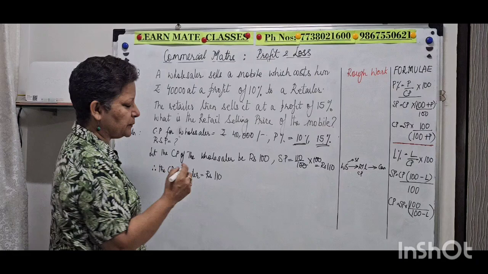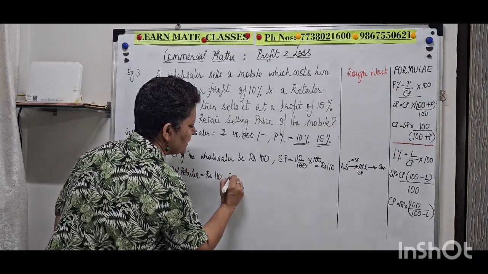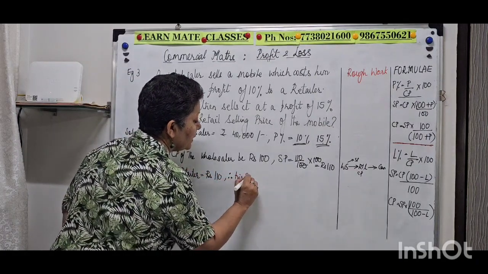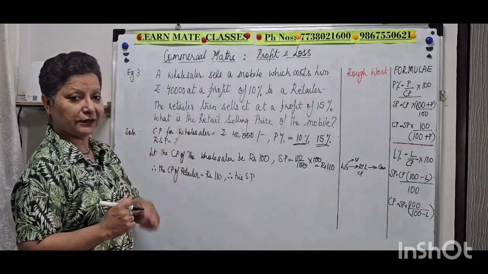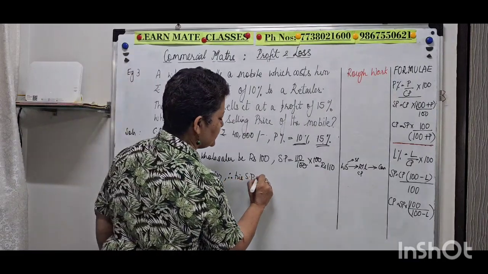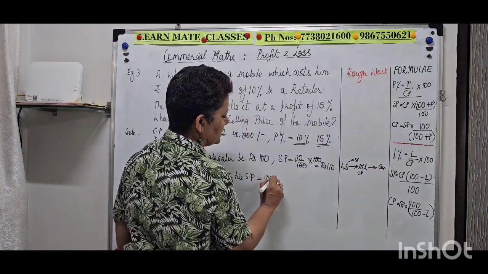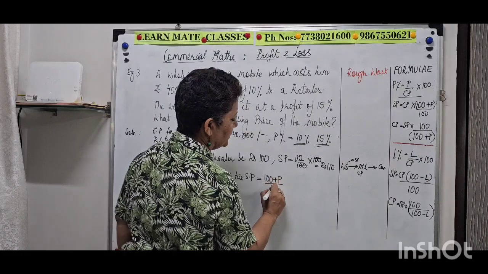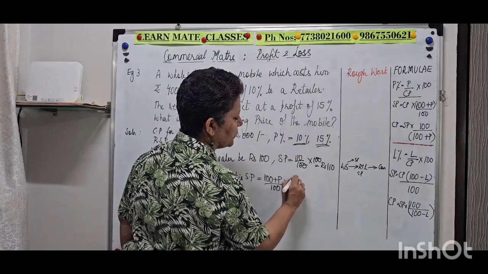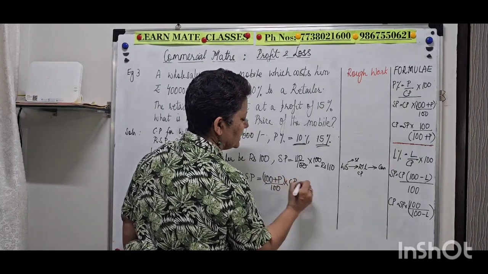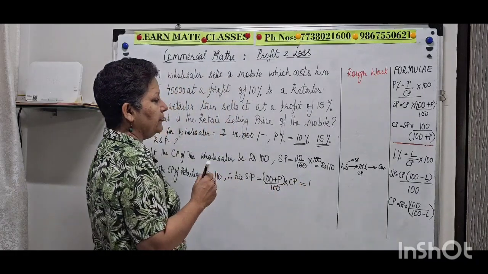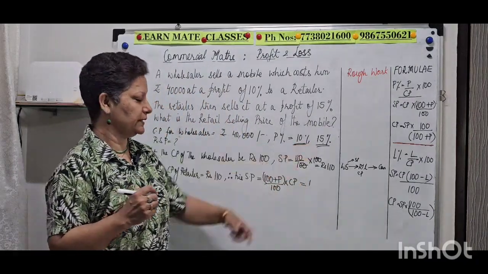Now he goes ahead and sells it at a profit of 15%. So what is his SP going to be? Therefore, his SP, which is nothing but what is actually asked, the retail selling price, is 100 plus P upon 100 into his cost price. So here P for him is 15%.